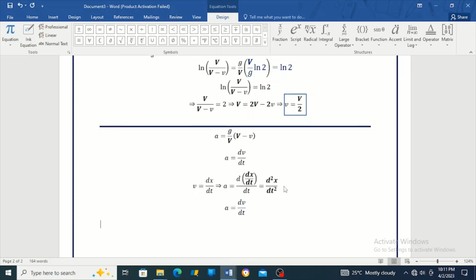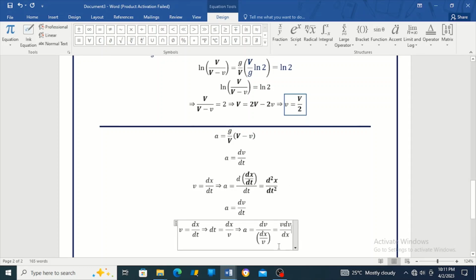Now we need to eliminate time. And we know that the velocity is equal to dx by dt. So from this second equation, what do we get as dt? It's simply dx divided by the velocity. So we fit in the first equation and we get the acceleration to be dv divided by our dt, which is dx divided by v. The v goes to the numerator and we get v dv divided by dx.